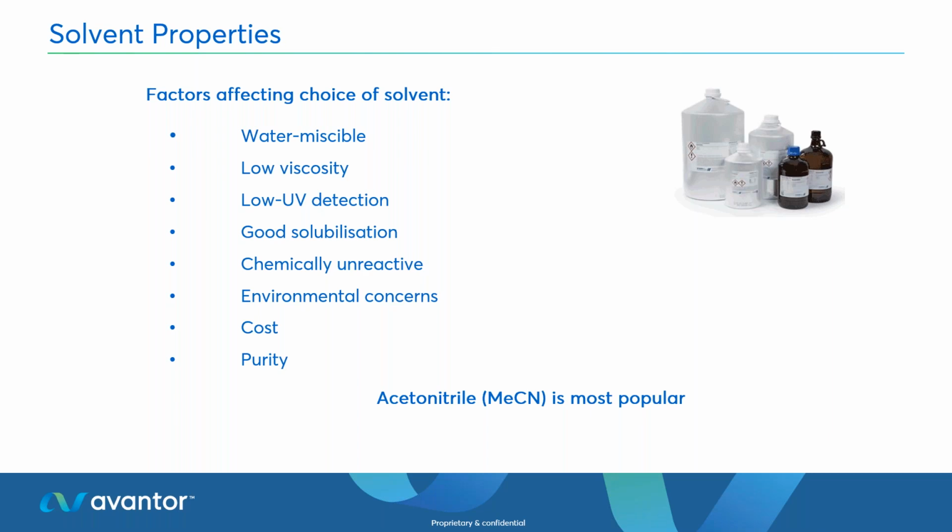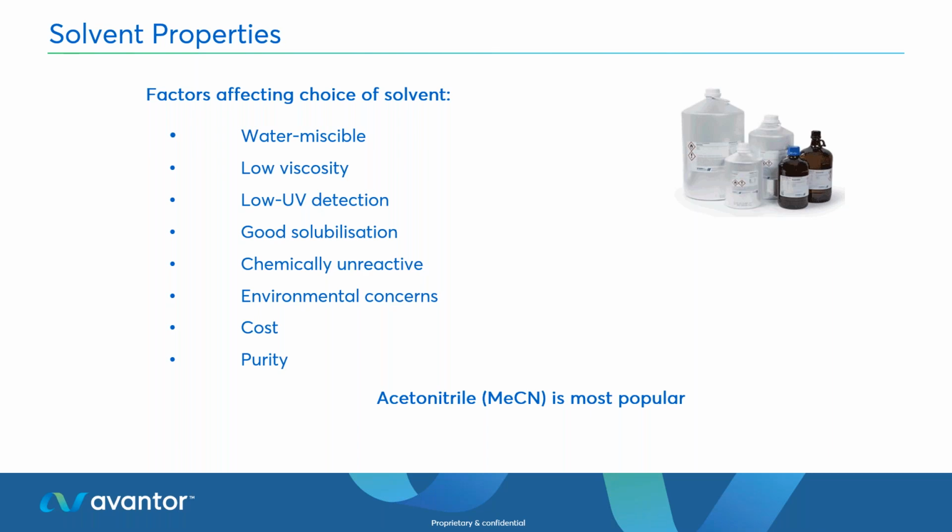I need to make sure I have good solubilization. It needs to be chemically unreactive, and maybe sometimes this is why we don't choose methanol, because we can get some extra reaction that happens within our chromatography. Needs to be safe, so you know, environmental concerns.